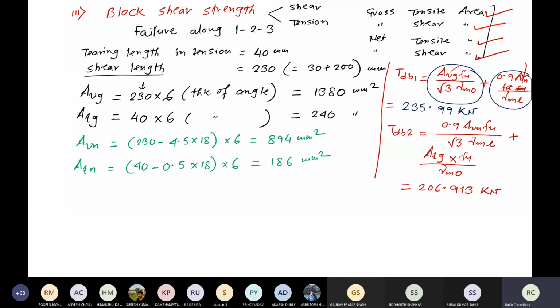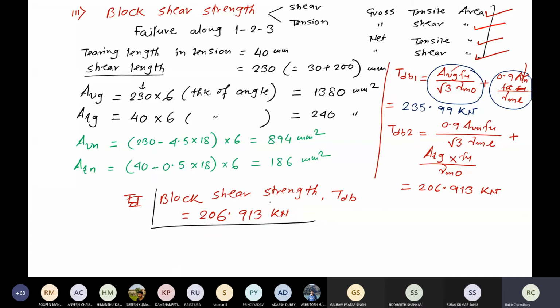Out of these two values, we will consider the minimum as the block shear strength Tdb, B stands for block. So it is 206.913 kilonewton.